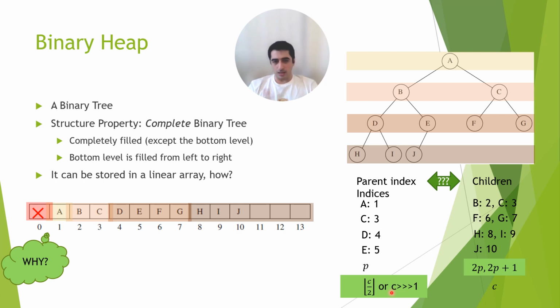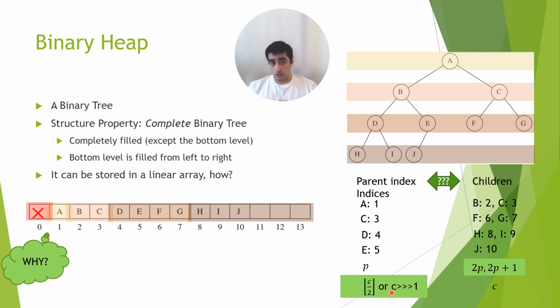Because the indices of the array can tell you the parent-child relationship, there is absolutely no need to use a binary node, which was a complex data structure, to keep track of the left and right child. That's why a binary heap can be implemented a lot faster and a lot more efficiently compared to a binary search tree. That's why we're going to avoid using a binary search tree for implementing a priority queue, because a priority queue is not as complex as a set abstract data structure.